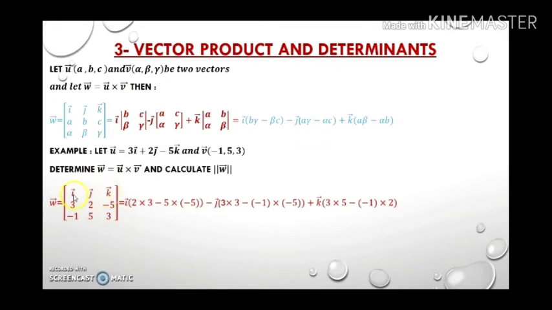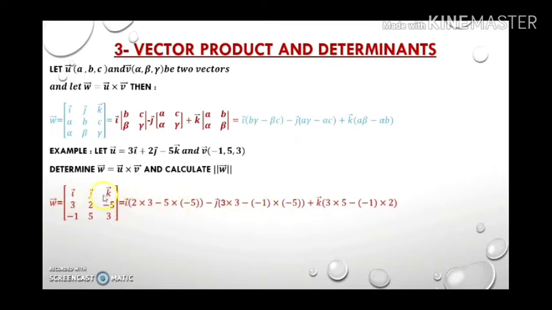We cross out the first row with the first column and leave this determinant, equal to i (2 times 3 minus 5 times minus 5), minus j, and we cross out the second column with the first row. We leave the determinant 3, minus 5, minus 1, 3, we get 3 times 3 minus minus 1 times minus 5, plus k.